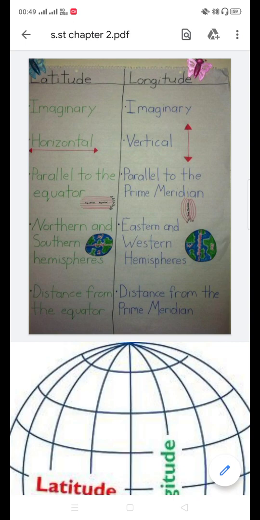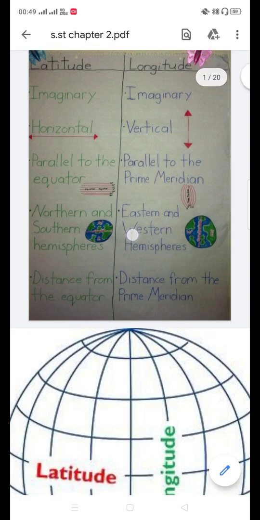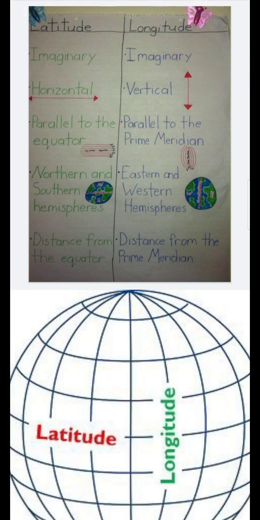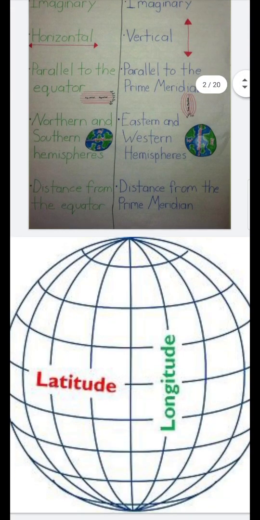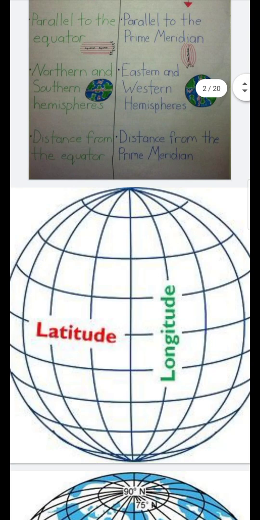Third, latitude is parallel to the equator, and longitude is parallel to the prime meridian. Latitude gives the northern and southern hemisphere, longitude the eastern and western hemisphere. Latitude is the distance from the equator, longitude the distance from the prime meridian.